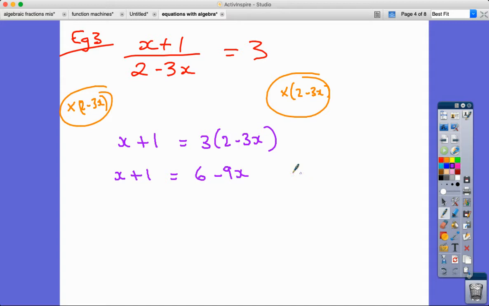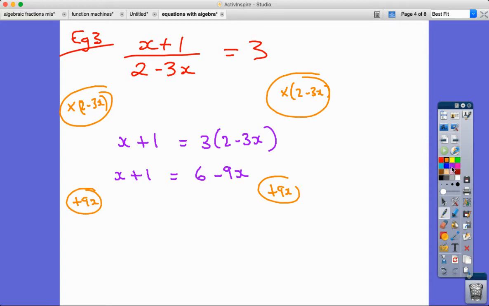Okay, now my aim, remember, is to get the x term on the left-hand side, preferably, and the numbers on the right-hand side. So what I'll do is I'll look at here. I've got 1x and I've got negative 9x. I'm going to look for moving the smallest x term, which is negative 9x. And the inverse operation of negative 9x is positive 9x.